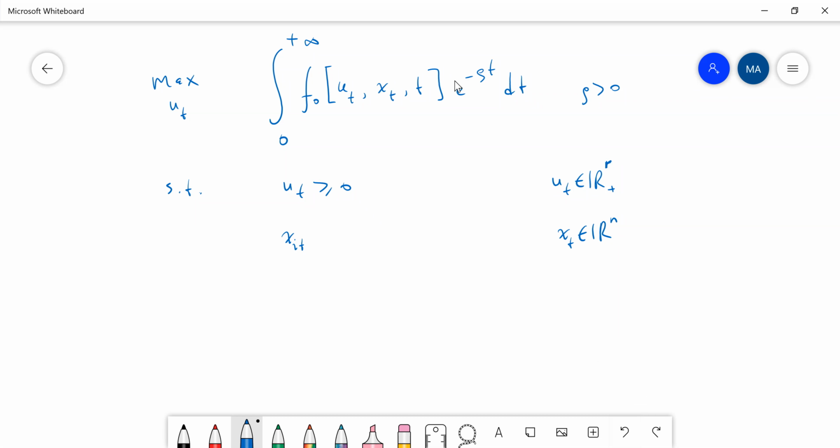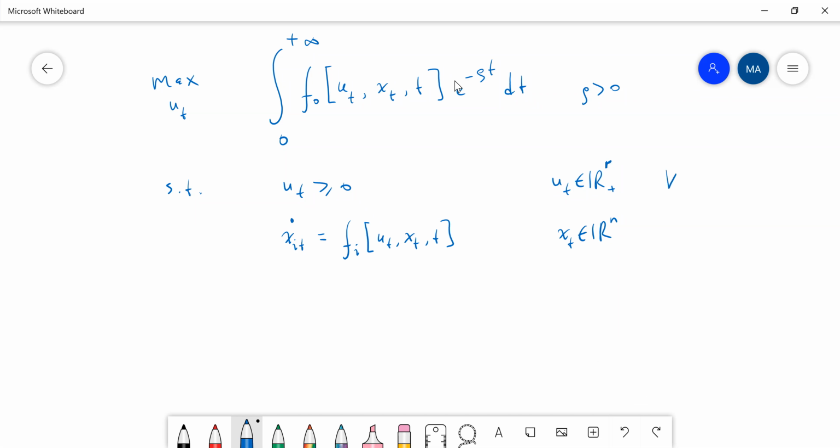Now for x's, I have the transition functions, f_i, again u_t, x_t, t.